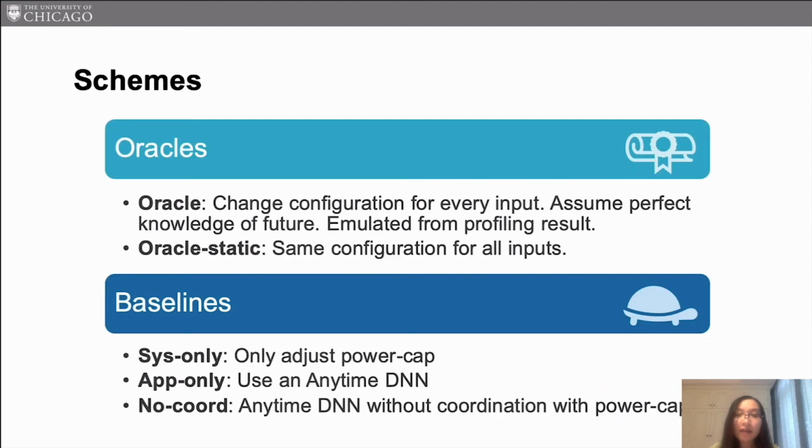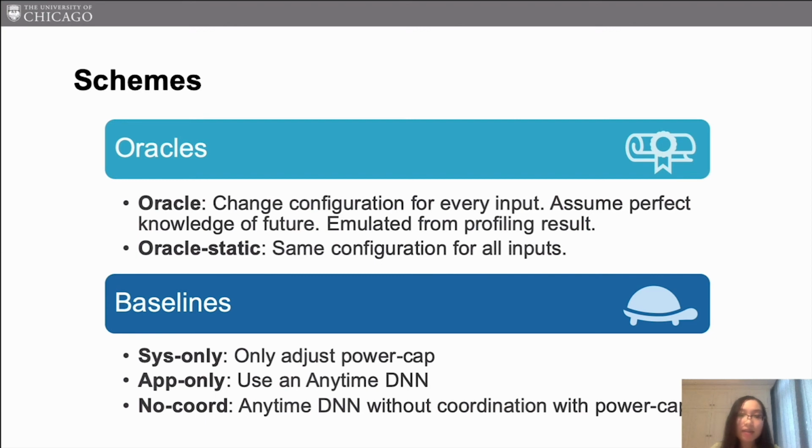We also compare Alert with 2 oracles and 3 baselines. The oracle changes configurations for each input. We assume it has perfect knowledge of the future, and we emulated it from the profiling result. The static oracle is similar to the oracle, but instead it uses the same configuration for all the inputs.